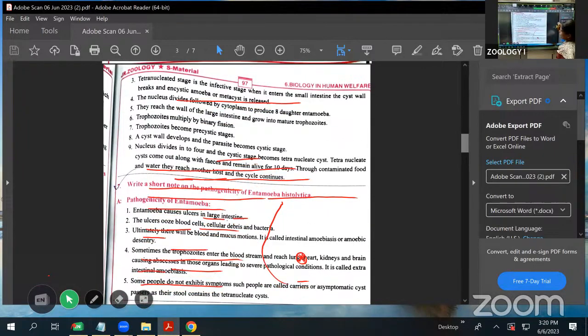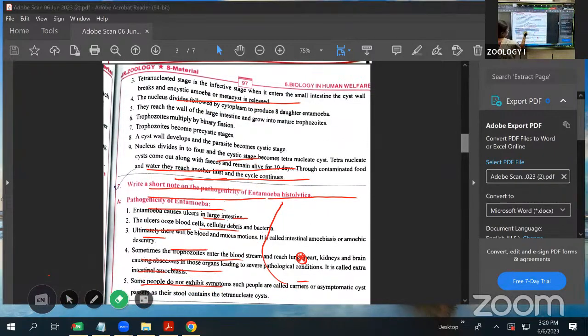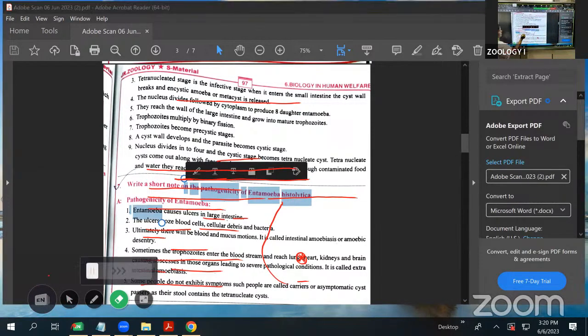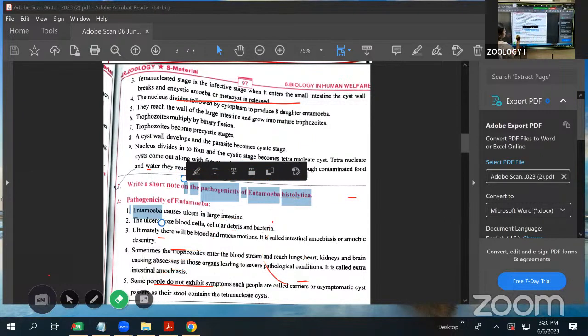Pathogenicity of Entamoeba histolytica. Pathogenicity means how they cause the disease in humans. Mainly, Entamoeba causes ulcers inside the large intestine.